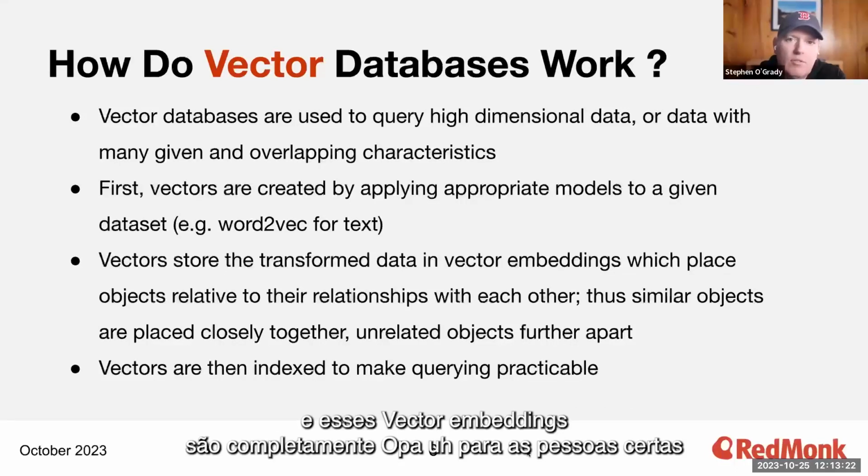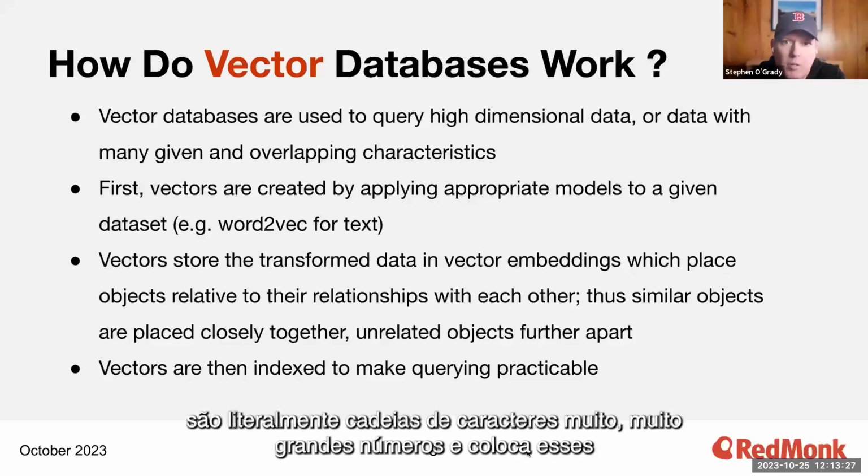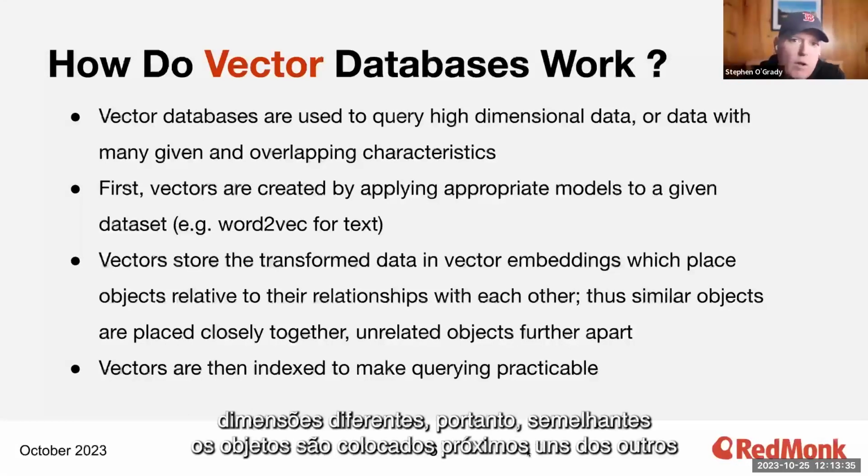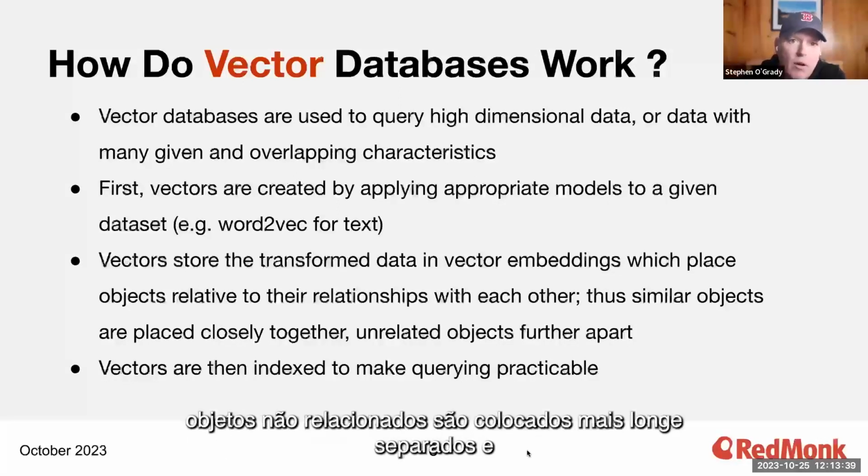And these vector embeddings are completely opaque to people, right? It is literally strings of very, very large numbers. And it places these objects relative to their relationships with each other across these different dimensions. So thus similar objects are placed closely together, unrelated objects are placed further apart.